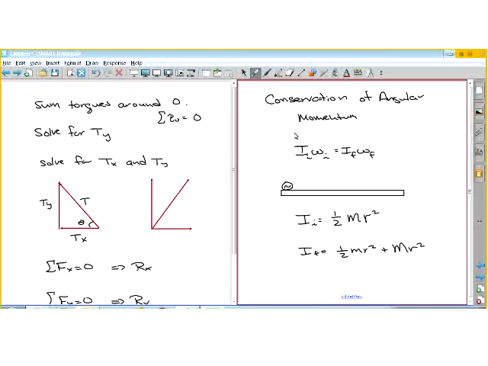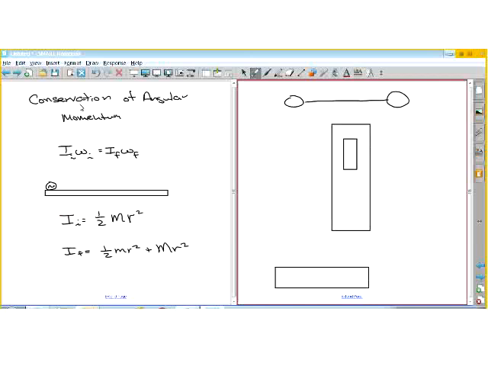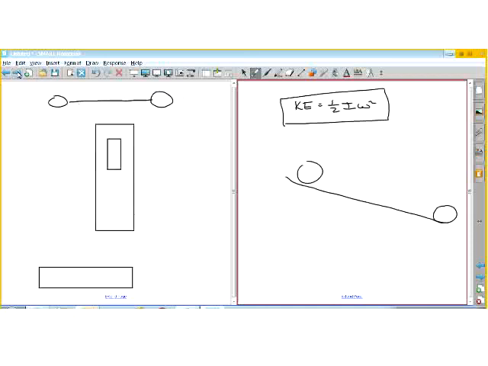But those torques are occurring internally, so we can still use conservation of angular momentum to predict how much the final angular velocity is affected by the change in moment of inertia in these different types of scenarios that we've talked about in class. And that's it.